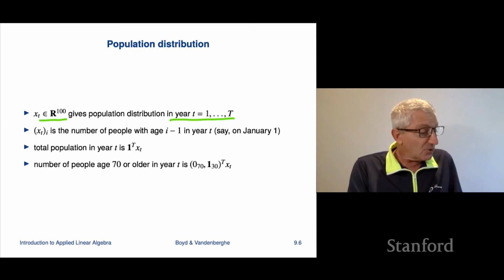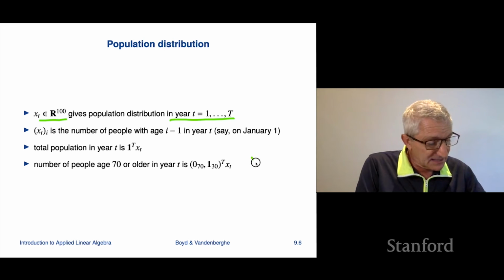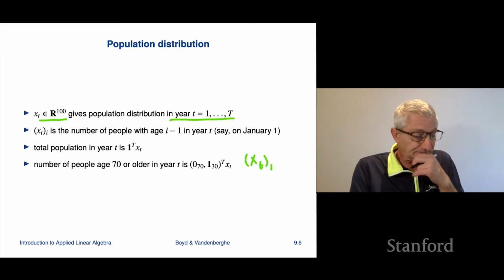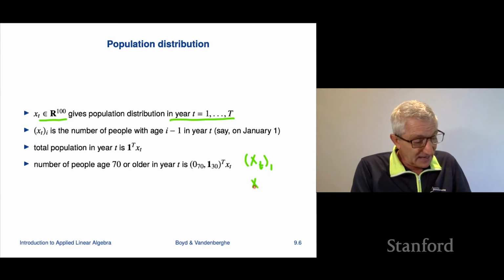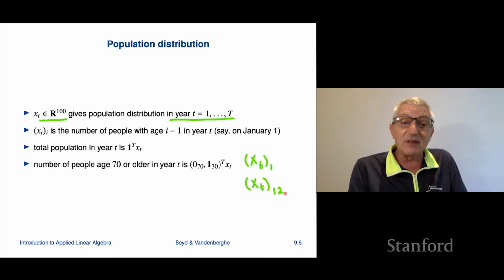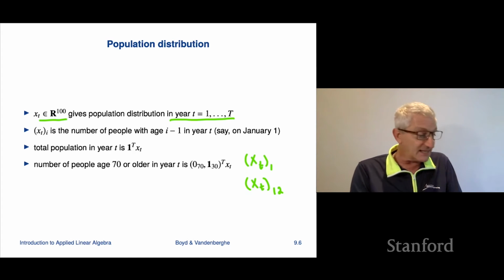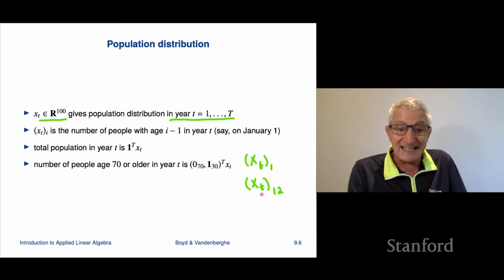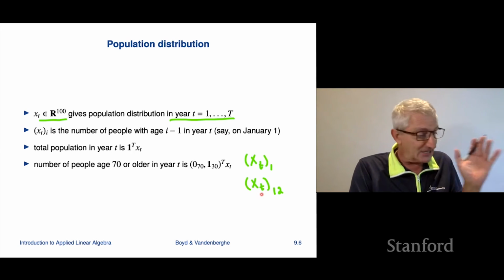Okay, so xt 1 is the number of 0-year-olds, people who are not yet 1. And xt 12 is the number of 11-year-olds. Okay, so that's how that's going to work. And that's in year t.